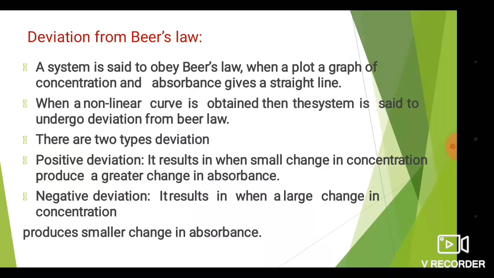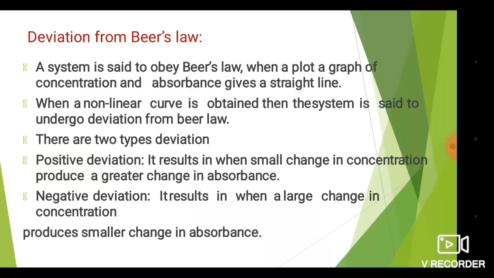So when a non-linear curve is obtained, the system is said to undergo deviation from Beer's law, because Beer's law states that absorbance and concentration are directly proportional to each other. So they vary linearly with each other and we get a linear graph.